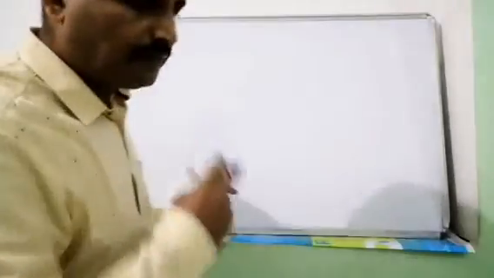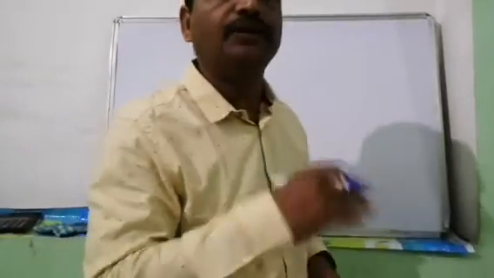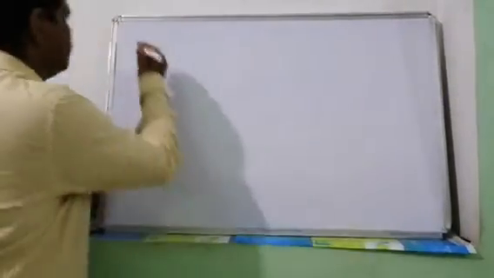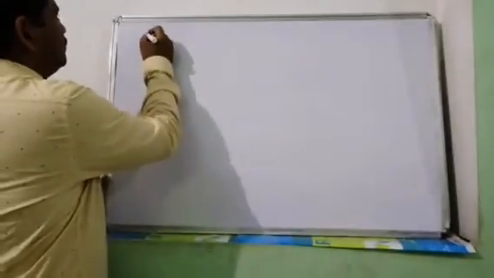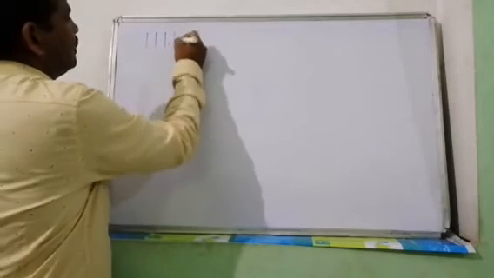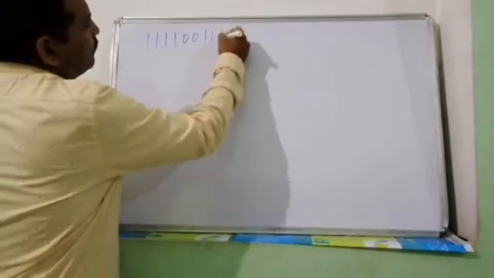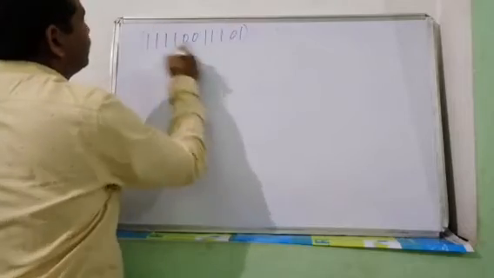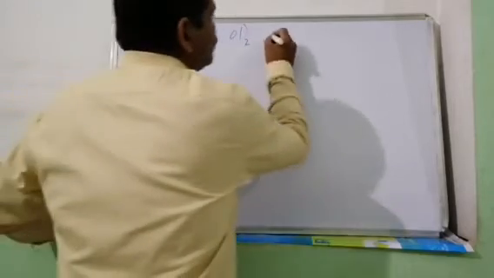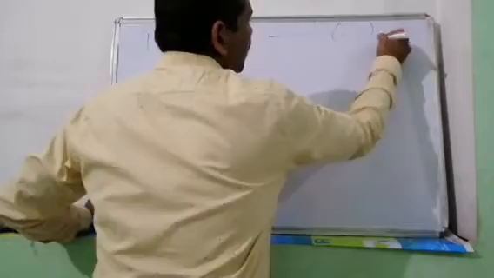Let us see. First I am going to explain how to convert binary to hexadecimal. Suppose 1 1 1 1 0 0 1 1 1 0 1, binary to hexadecimal.